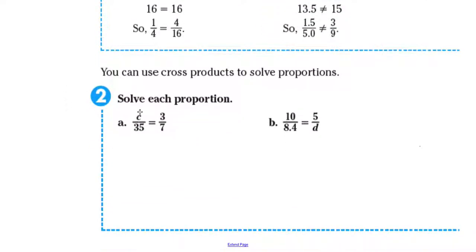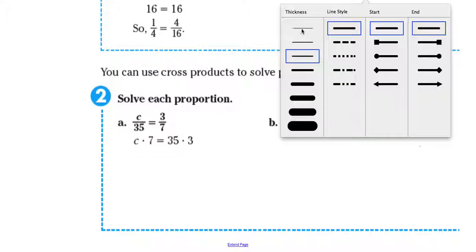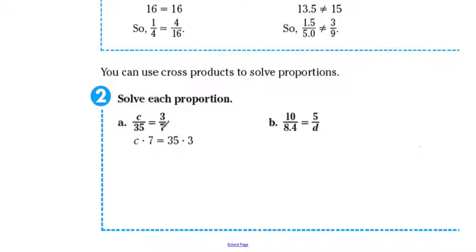Let's see how we can use cross products to solve proportions. Let's solve this proportion: C over 35 equals 3/7. First, using cross products, this becomes C times 7 equals 35 times 3. If you multiply C times 7, you get 7C. If you multiply 35 times 3, you get 105.